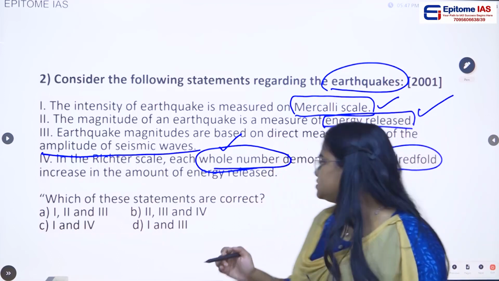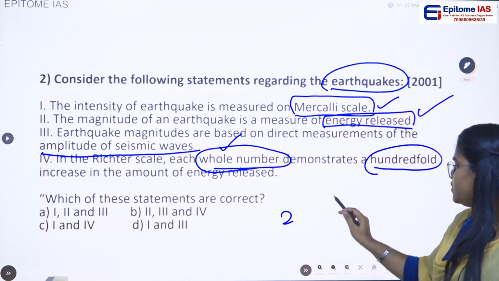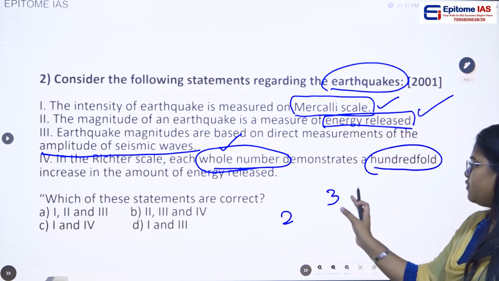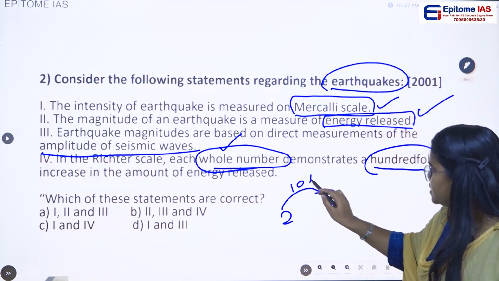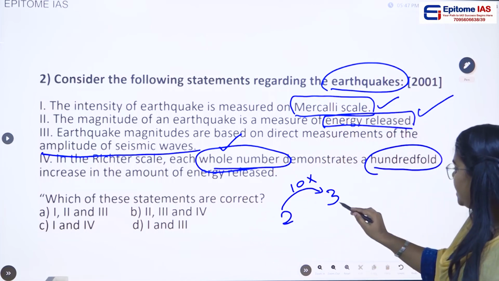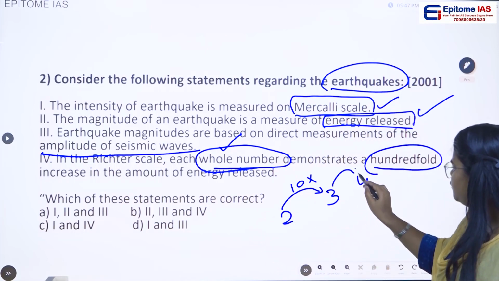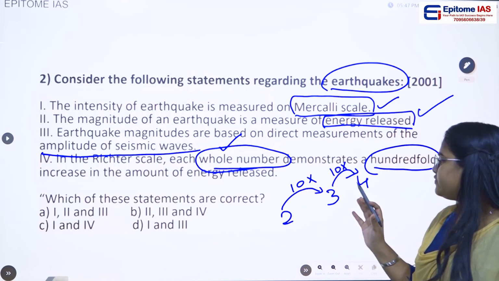We also saw this: when there is an earthquake of 2 and then an earthquake of 3, when you compare these two, this would be 10 times higher, right? And when you are comparing 3 to 4, again there will be an increase of 10 times of the energy released.